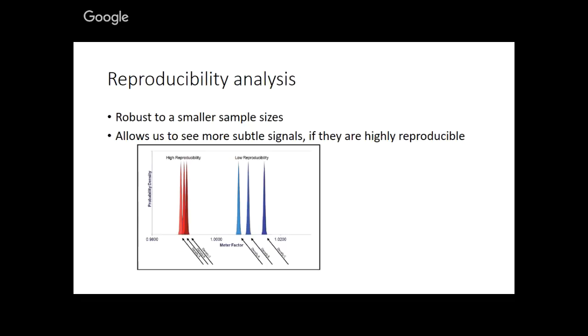I won't get into the precise method here, but this method allows us to see more subtle signals, because to achieve good p-values, sometimes we need a significant deviation from the standard.